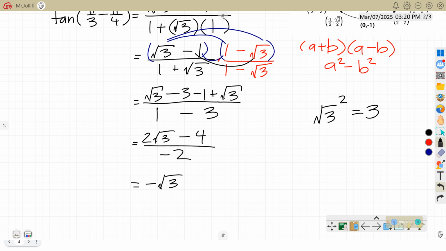Second pair of terms, negative 4 divided by negative 2. Negative divided by a negative is positive. 4 divided by 2 is 2. And you can write it in that order. More commonly, you will see mathematicians write the non-radical term first and the radical term second. Either of those answers is correct and fully reduced.